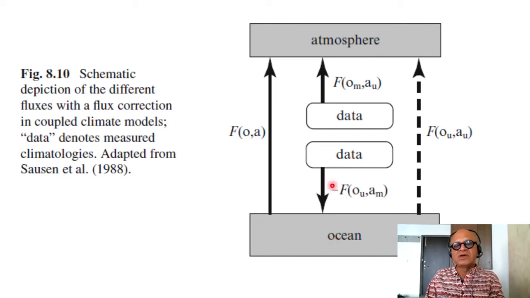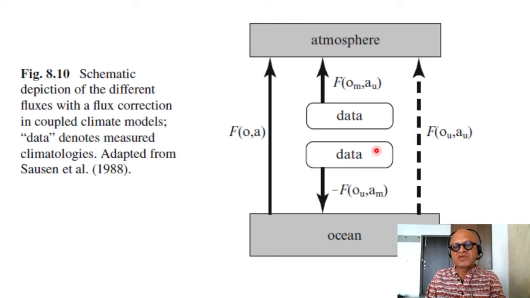So here is the ocean and the atmosphere again, and the ocean gives a flux to the atmosphere. The atmosphere integrates and does what it does and provides the information back to the ocean.